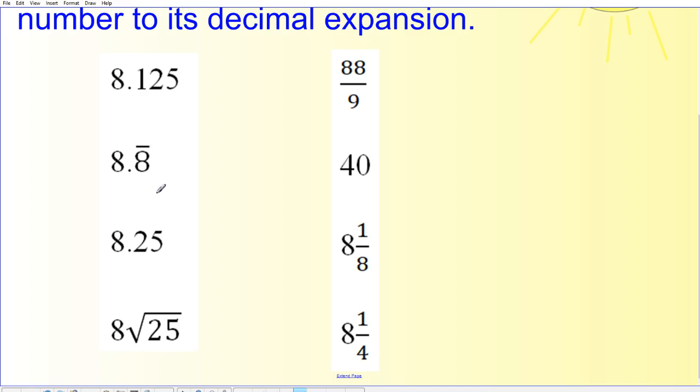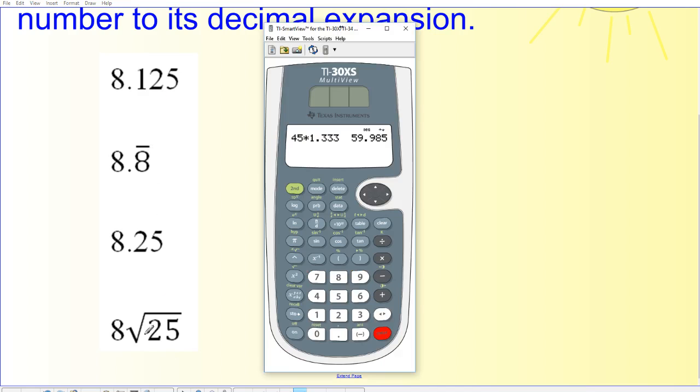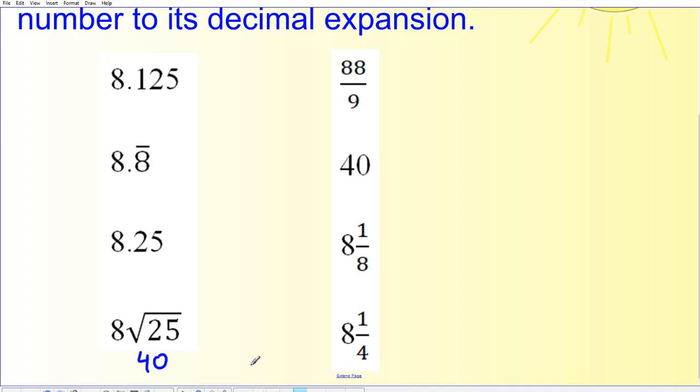I'm going to start with this. 8 times the square root of 25, which, by the way, the square root of 25 is 5. 5 times 8 is going to give me 40. Now, with just that, I can already match up. I know that this matches up with that. If this was equal to 40, that was equal to 40.